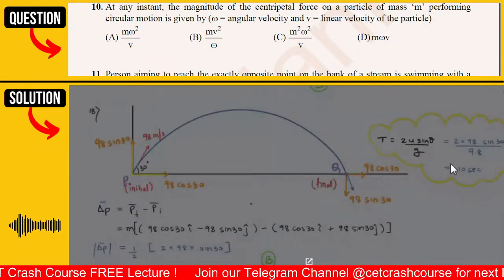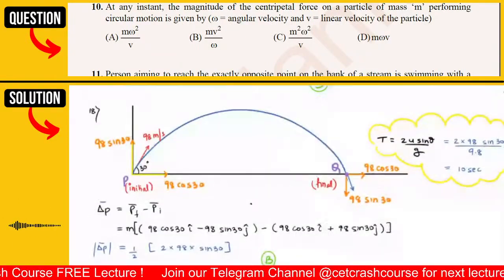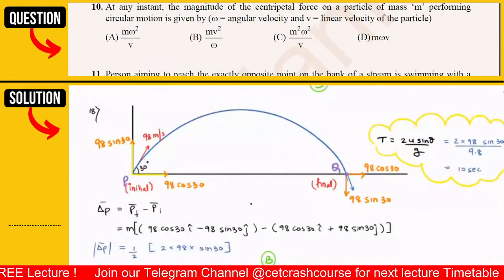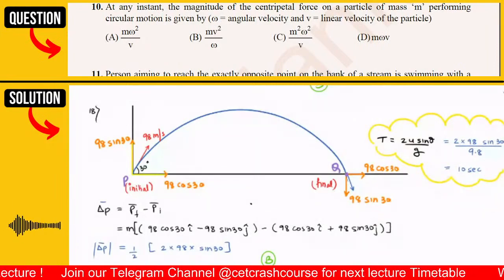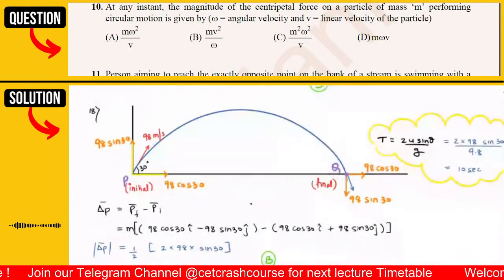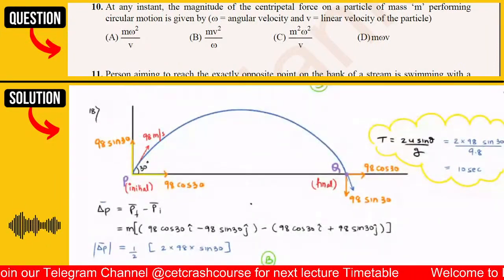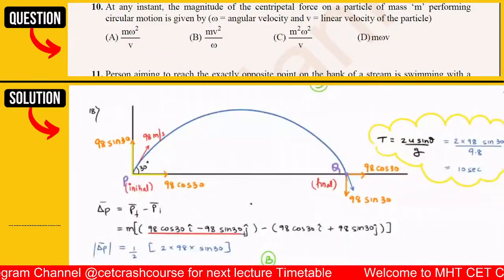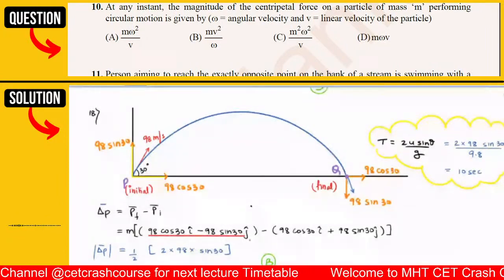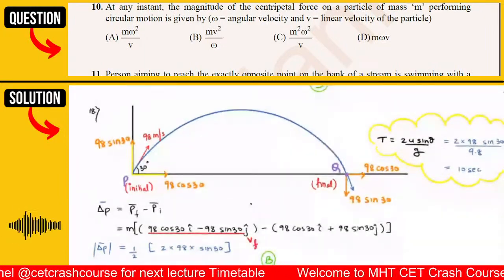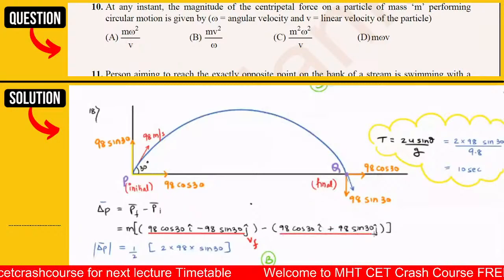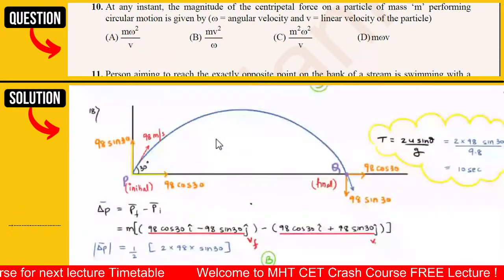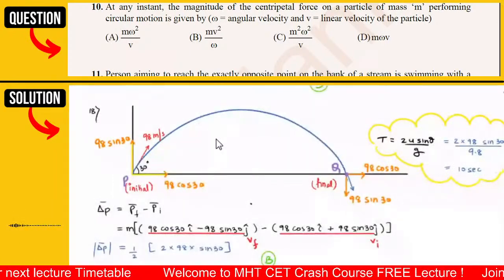Now, change in momentum is final momentum minus initial momentum. We can take mass common, and then we write final velocity minus initial velocity. Students, this part is the final velocity Vf, and this part is the initial velocity Vi.